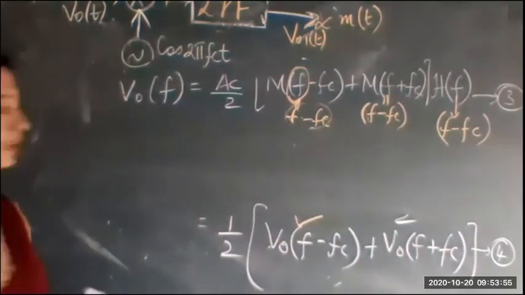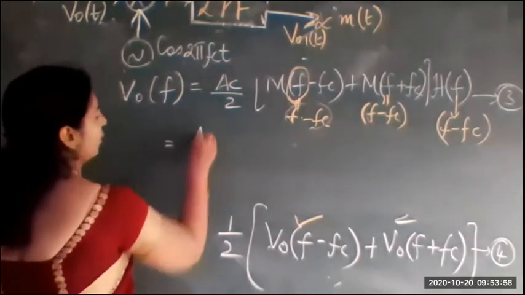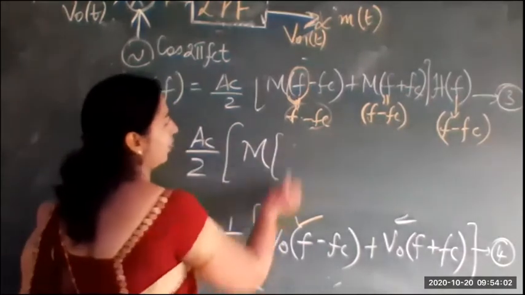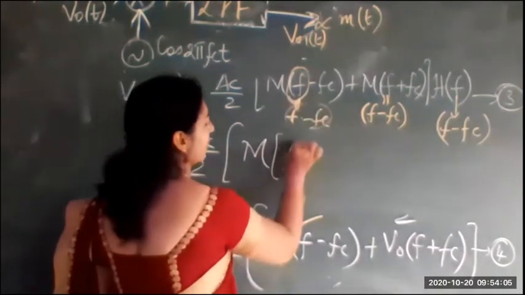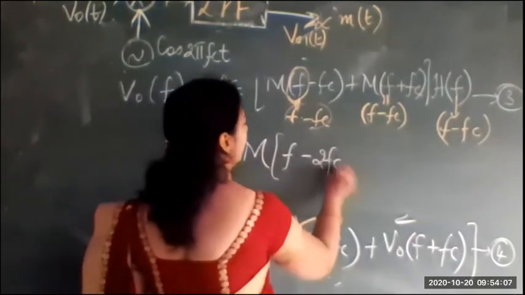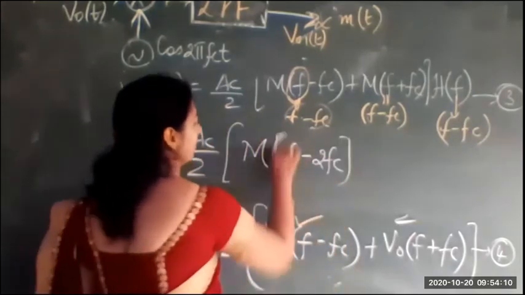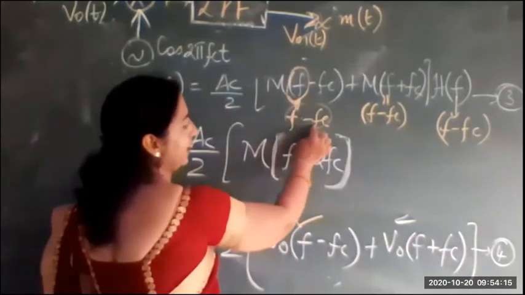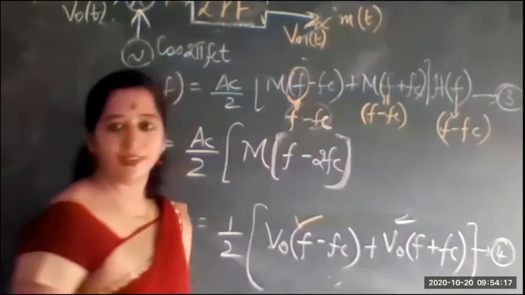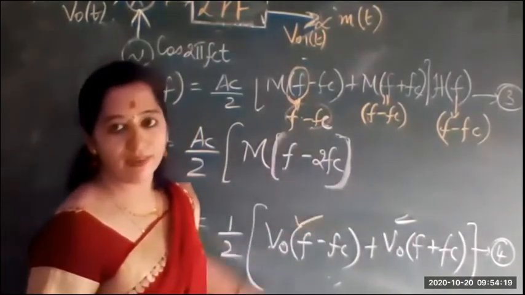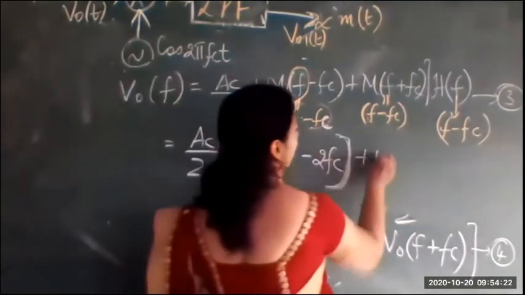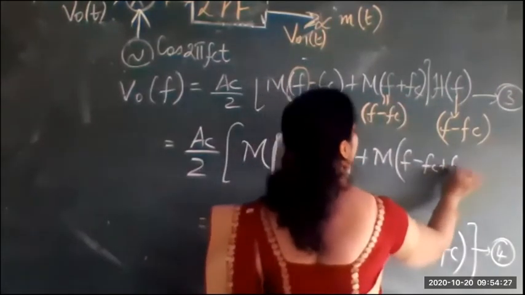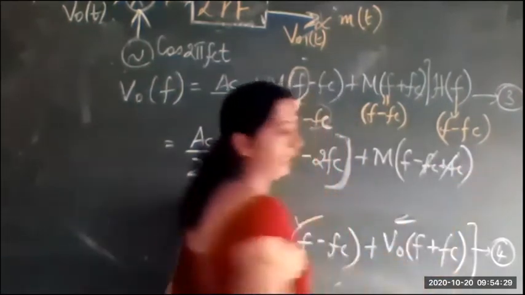All you have to do is just replacing. So AC by 2, M of F minus Fc minus Fc, F minus 2 Fc. Wherever I have F, I am putting F minus Fc. I have one more minus Fc. So it becomes M of F minus 2 Fc plus M of what? F minus Fc plus Fc. Minus and plus cancels.